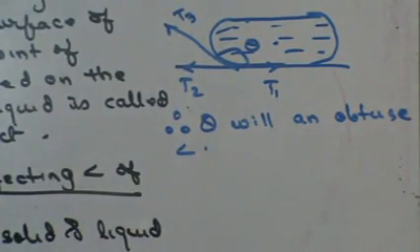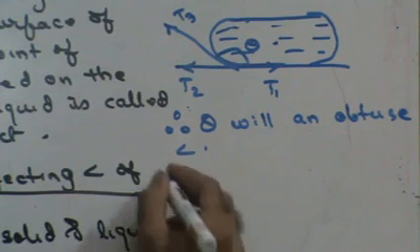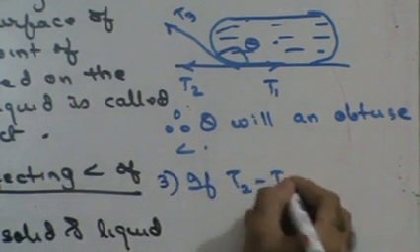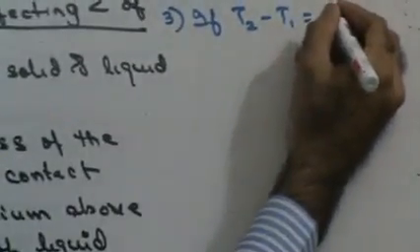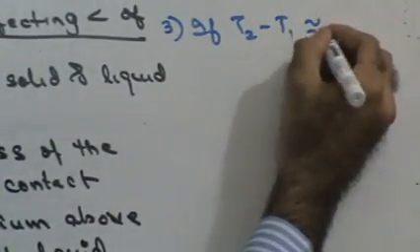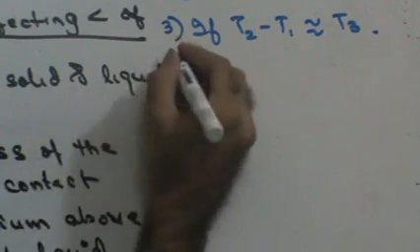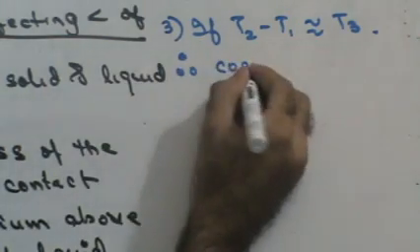Next, let us assume that T2 minus T1 is approximately equal to T3. In that case, what will cos theta be?